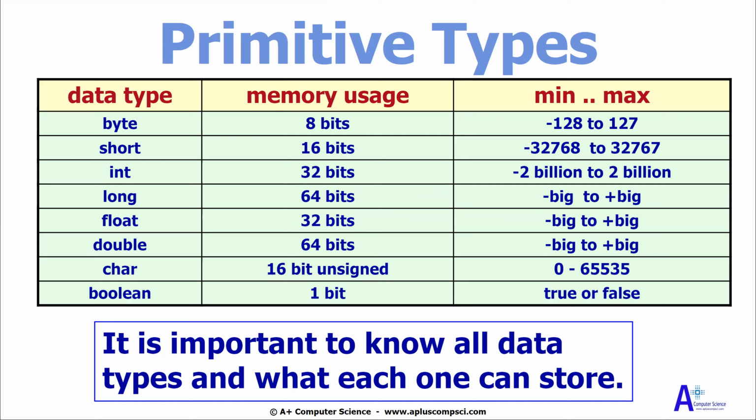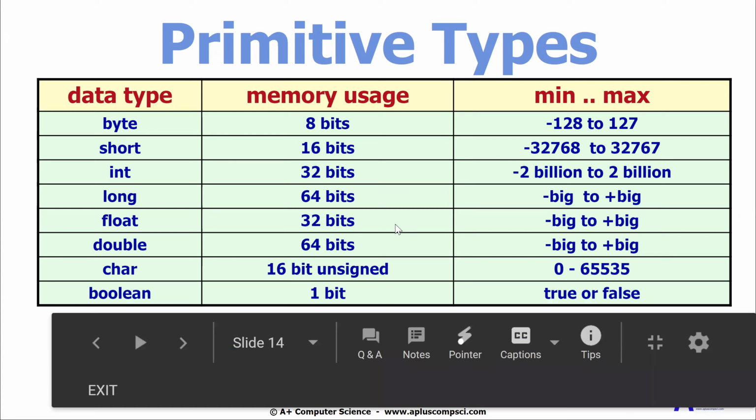Long is 64 because now you're getting into decimal values. Characters are 16-bit. And Boolean is just 1 bit because it's either true or false, so there's not too many choices there. It uses very little memory at all.